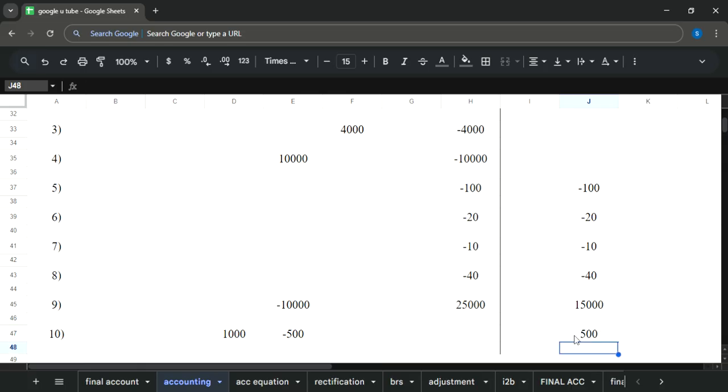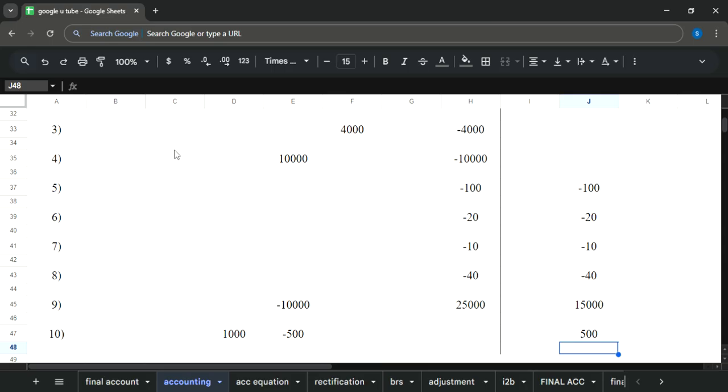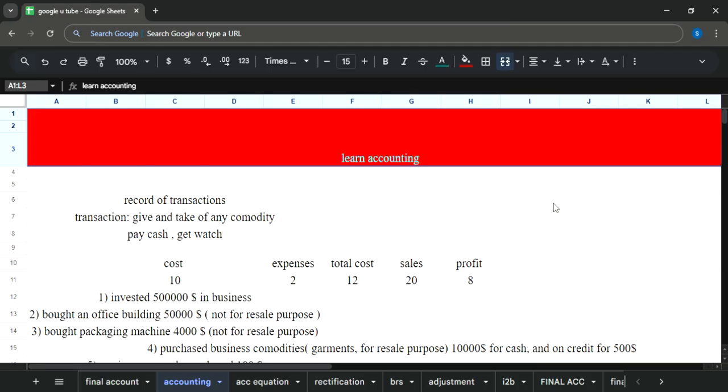So guys, at this stage you can see that we simply introduced an accounting equation where we have learned how to record all of these transactions. Now finally, you will see that this separator, when it is equal, we have bought any commodity on credit.